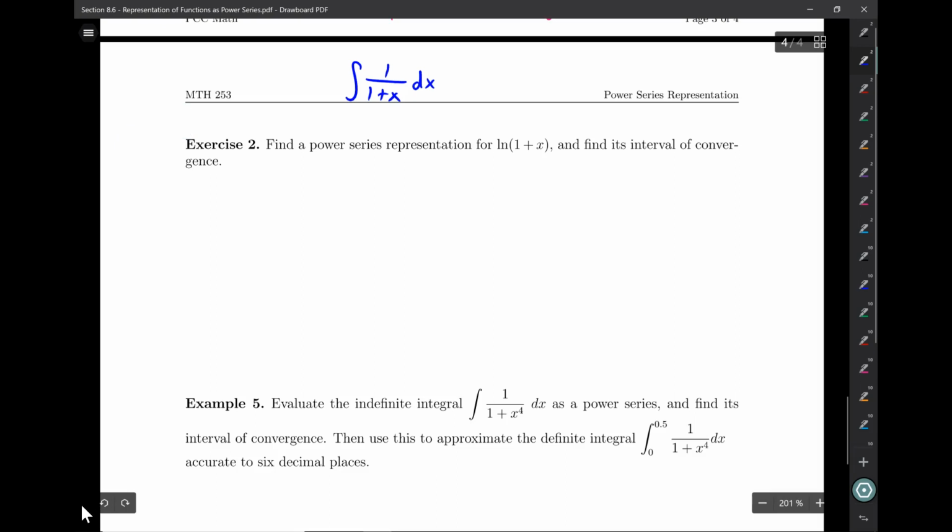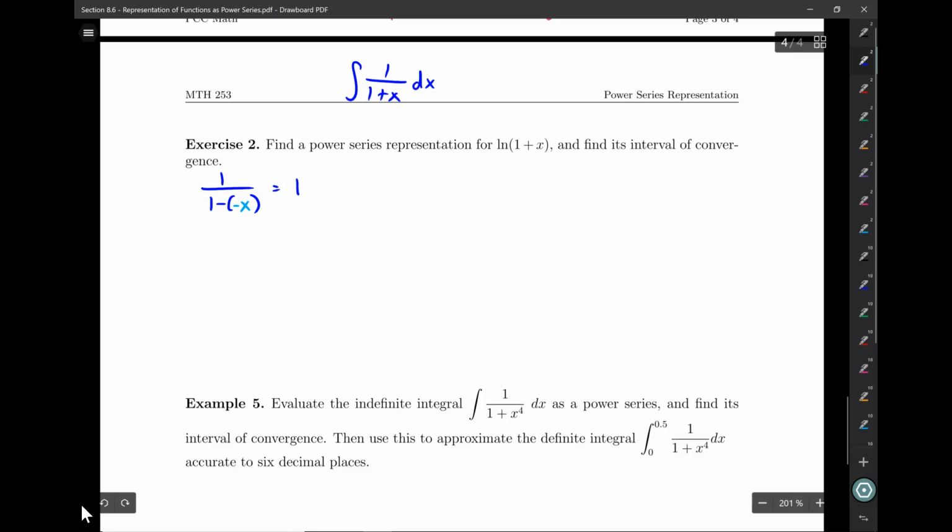So first thing we're going to have to do is start by creating the 1 over 1 plus x function power series from the 1 over 1 minus x power series. We haven't done that yet. But it's pretty straightforward because we're just going to think of this as being 1 over 1 minus negative x. So that means that we're going to replace all of the x's in that original power series, 1 plus x plus x squared, etc., with a negative x.